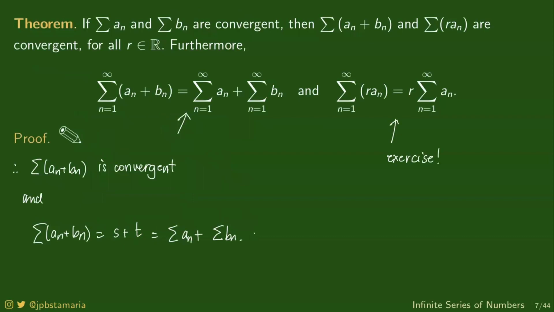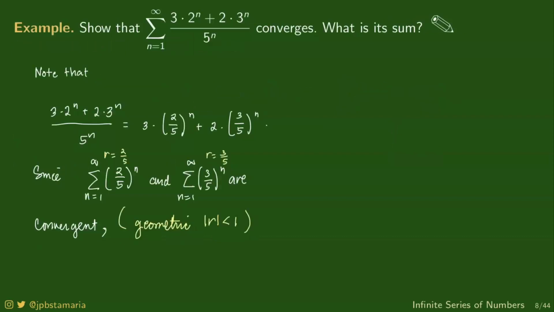Mag-add ka or maglagay ka ng constant sa tabi, hindi nagbabago ang convergence. Therefore, the sum 3 times 2/5 to the n plus 2 times 3/5 to the n is convergent.